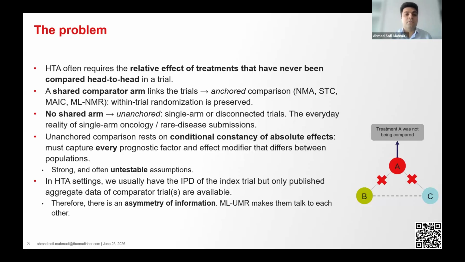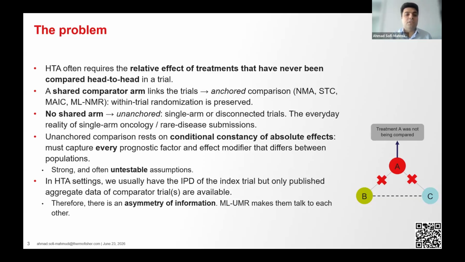The good thing about these methods is that the within trial randomization is preserved. But on some occasions, which is fairly common in oncology and rare disease submissions, we don't have any shared arm or treatment because we have single arm trials or trials without any common comparators.